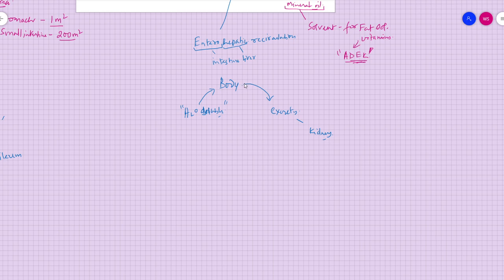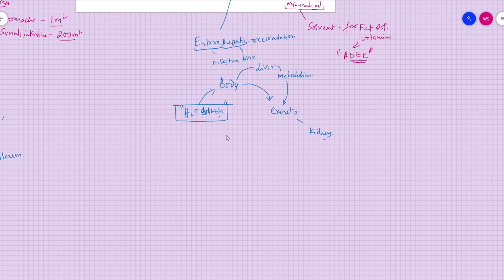Sometimes the body takes it to the liver and metabolizes it, and then the metabolite is excreted through the kidney. This is what usually happens to water soluble drugs.